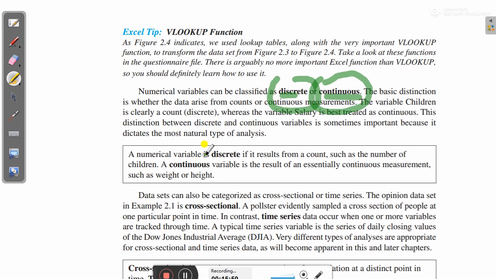A numerical value is discrete if it results from a count, such as number of children, and a continuous variable is the result of an essentially continuous measurement. So it will be your homework to provide an example of a discrete variable and an example of a continuous variable.